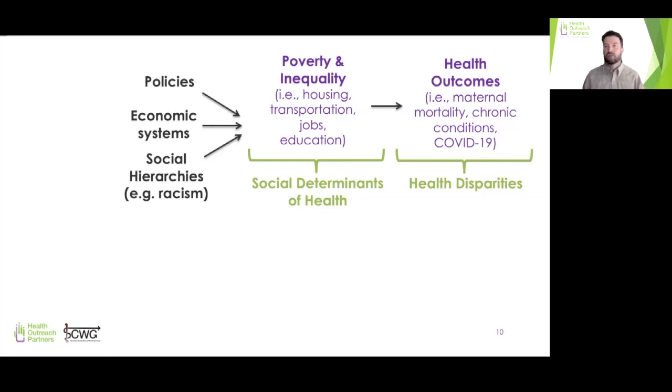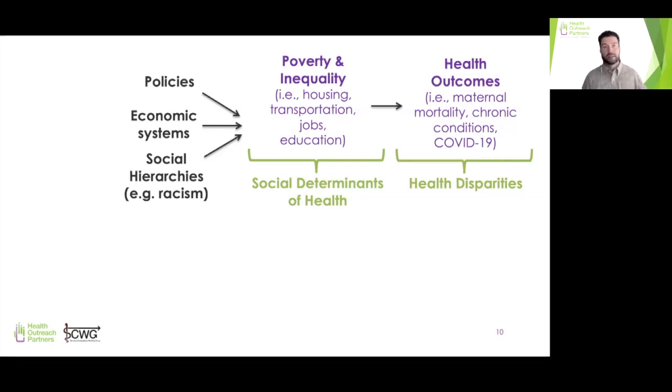The situations why these social determinants of health are impacting health outcomes can be traced to these greater forces and these deeper factors, such as policies that have influenced a lot of these social determinants, the economic systems in place that have created these circumstances, as well as social hierarchies, such as racism, that have created the circumstances that have led to social determinants of health and created these vast health disparities.